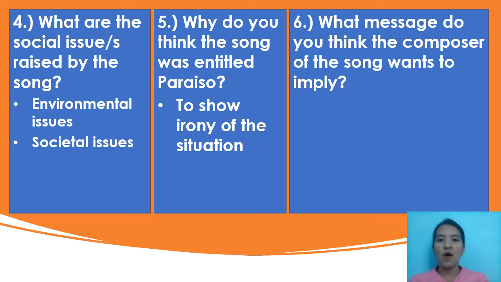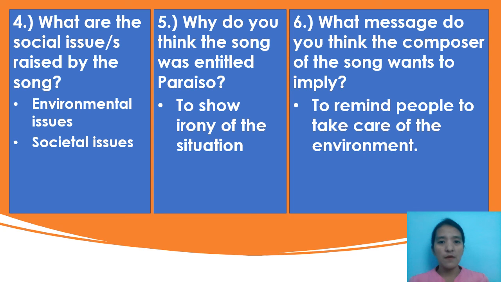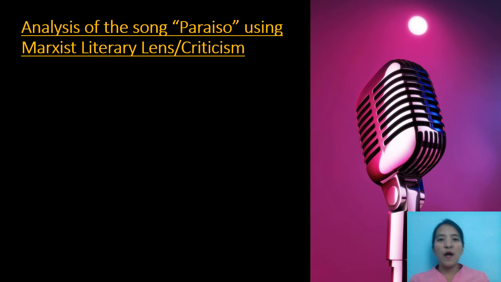Number 6. What message do you think the composer of the song wants to imply? That is to remind people to take good care of the environment. This time, we're going to analyze the song Paraiso using the Marxist literary lens or criticism.